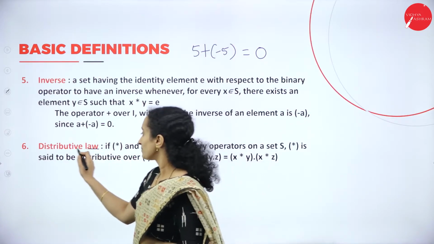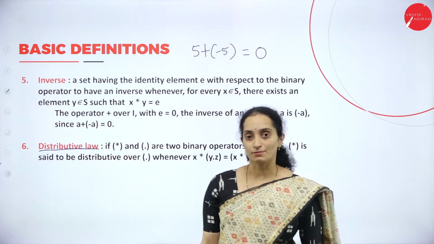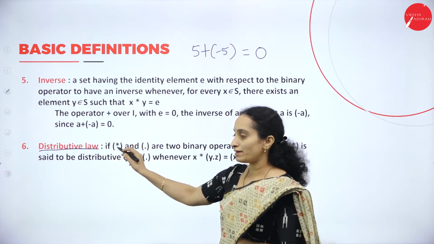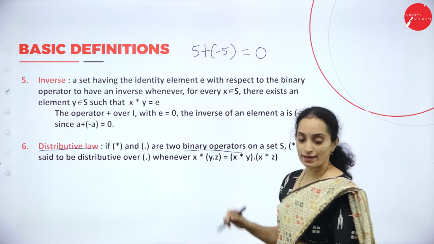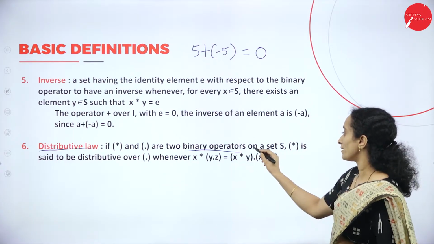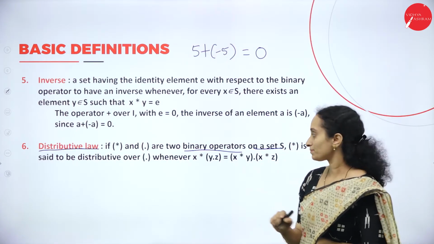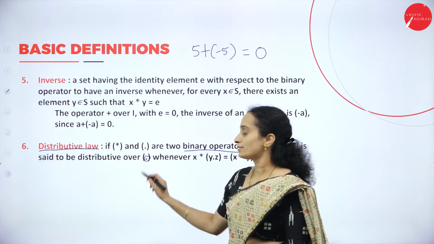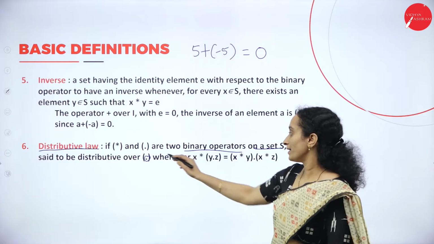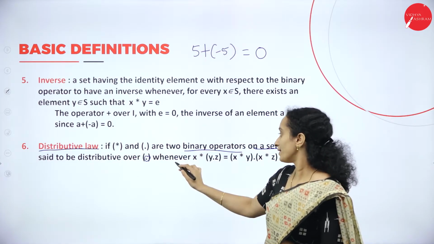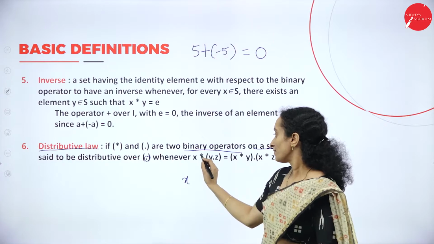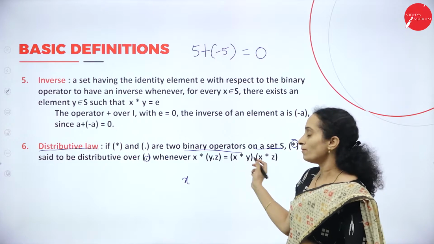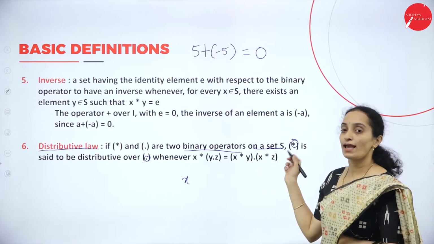Okay. Distributive law. What does the distributive law say? If the dot operator and the multiplication operator are two binary operators on a set S, the multiplication operator is said to be distributive over the dot operator whenever x multiplication y dot z is equal to x into y dot x into z.